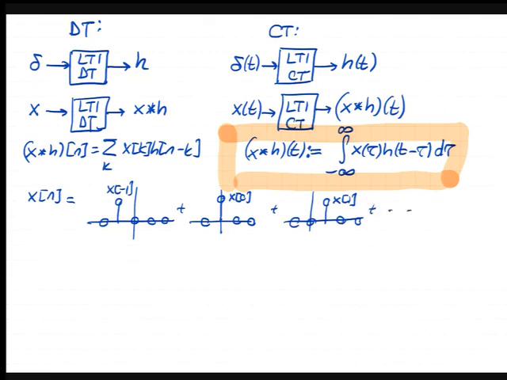If we continue the summation on both sides, we reconstruct x of n. Does that make sense? But this guy looks like an impulse, it's x0 times an impulse. Since the LTI system gives h in response to an impulse, I should get an h in response to this, except it should be scaled by x0, because x0 is not necessarily 1. So x0 times h of n is what comes out of this.